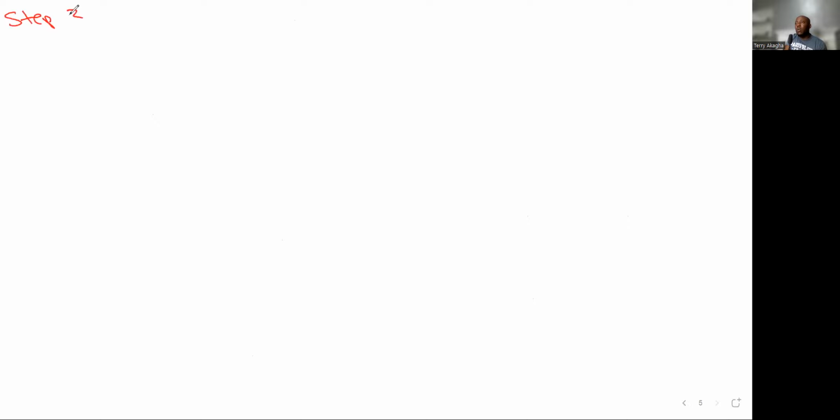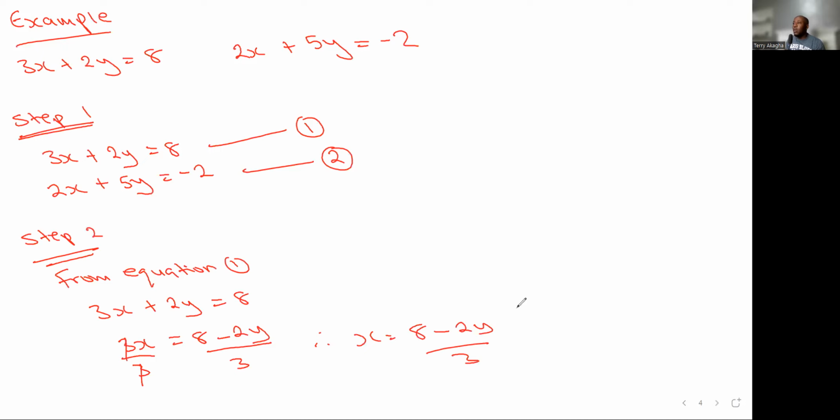Step 3, we're now told to substitute x is equal to 8 minus 2y over 3 into equation 2. So equation 2 is 2x plus 5y is equal to minus 2, right?